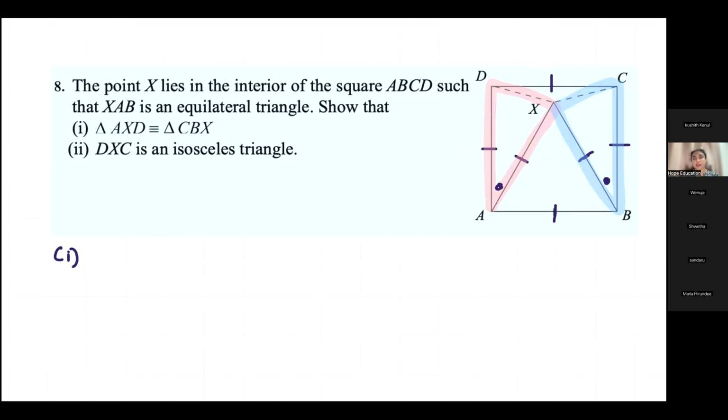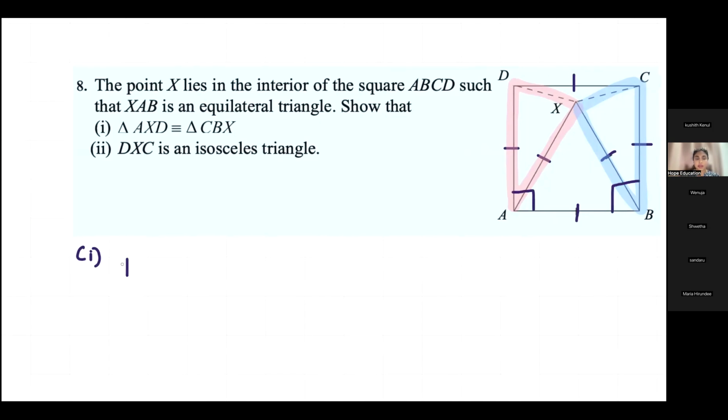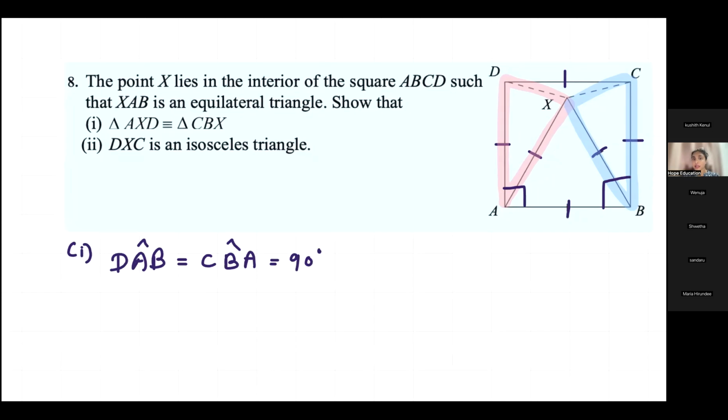Now we know DAB and CBA are equal, right? And they are 90 degrees. Why? Because they are interior angles in a square. So the reason is interior angles in a square.